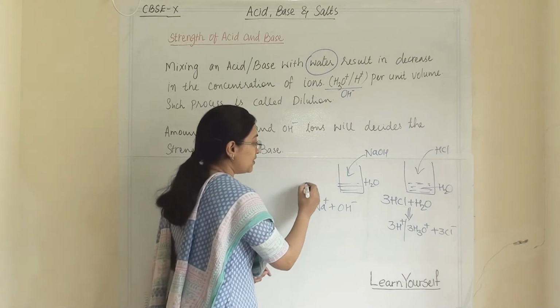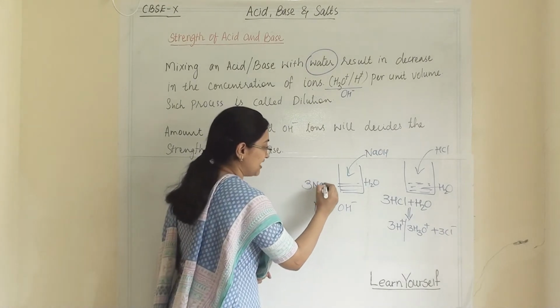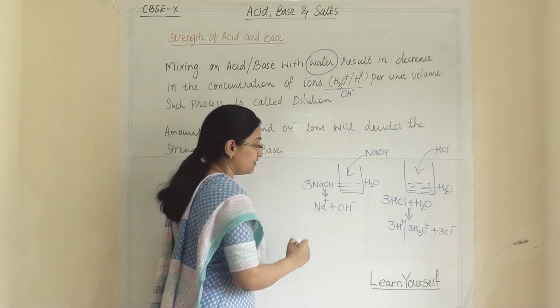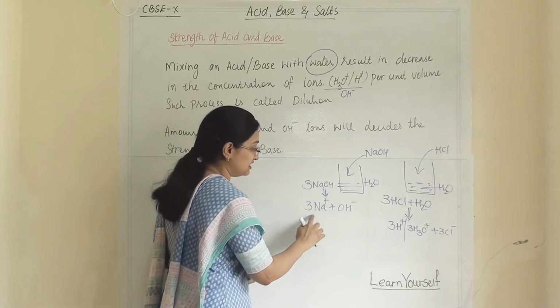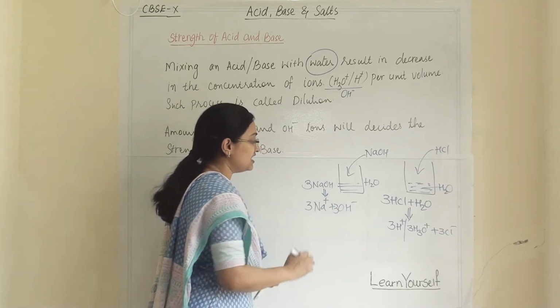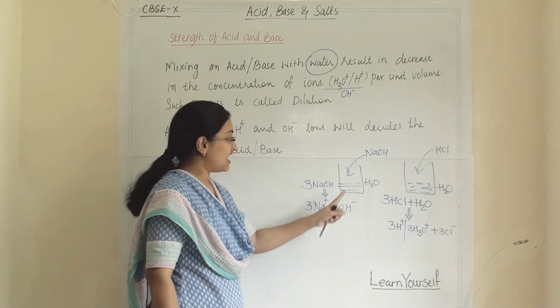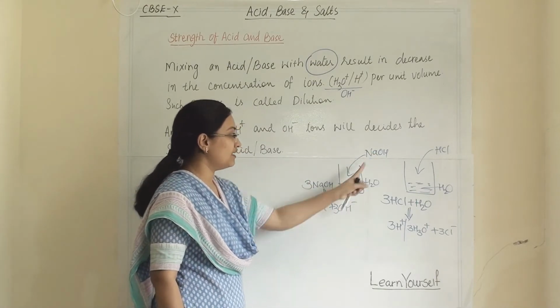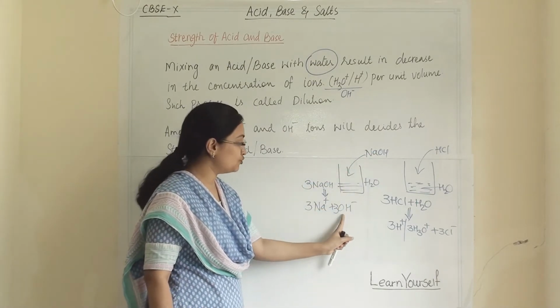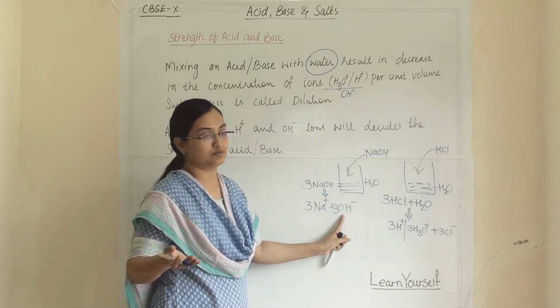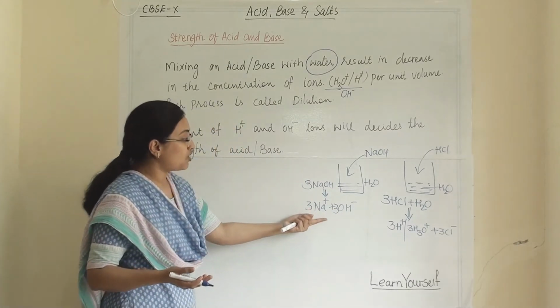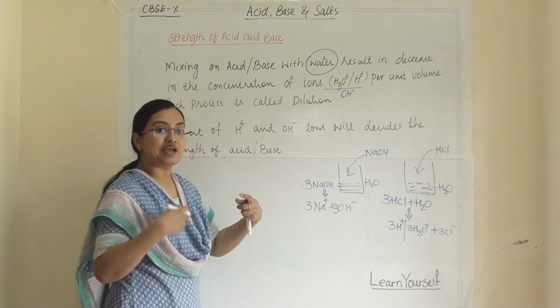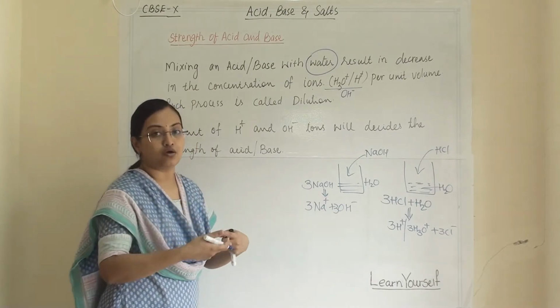When you add 3 molecules of NaOH, as an ionization you will get 3 Na plus and 3 OH minus. As you add more sodium hydroxide, you will get more OH minus. So more OH minus ions will make the basic character stronger.